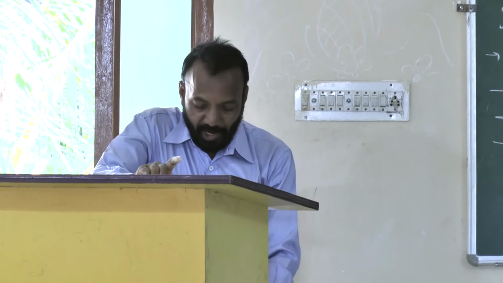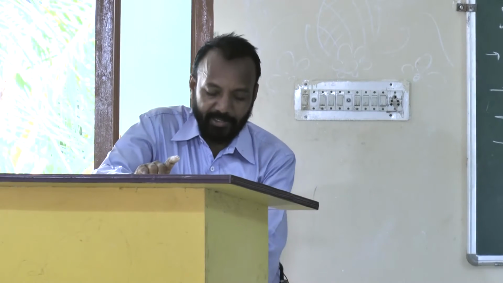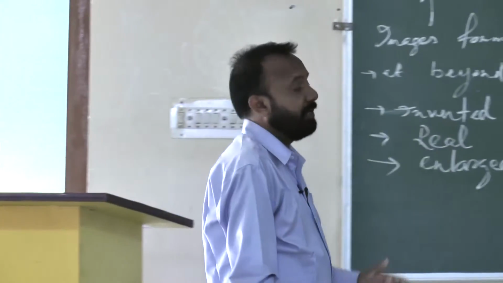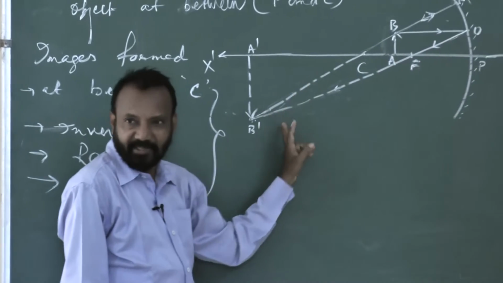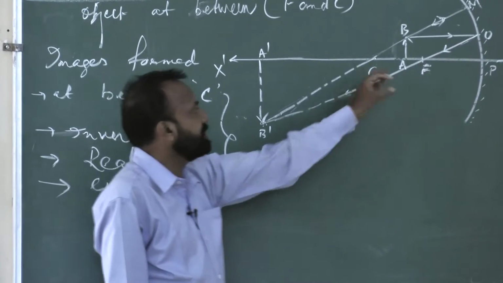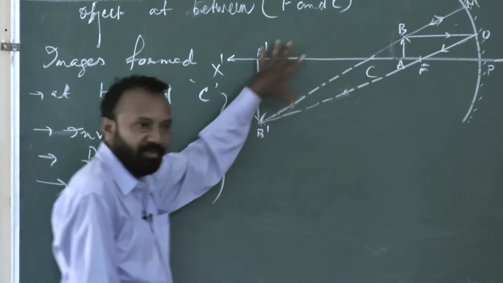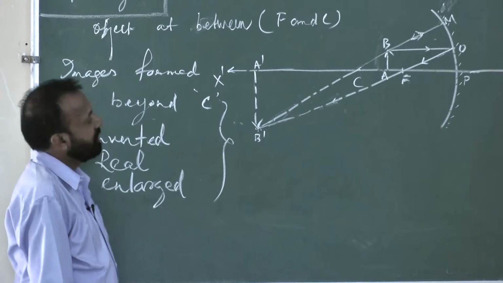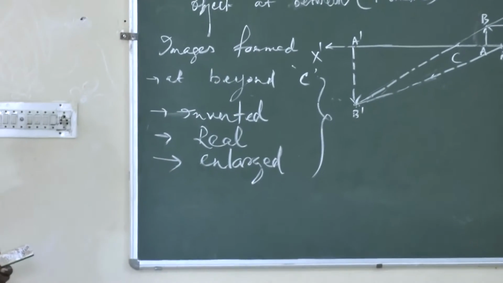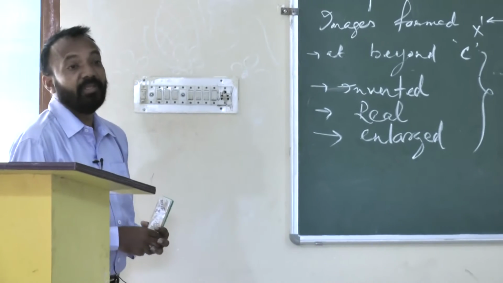It is real, inverted, and magnified, bigger as compared to the size of the object. The size of the object is smaller, the size of the image is bigger. It looks bigger, yes or no? This is also one of the important cases of image formation by a concave mirror.